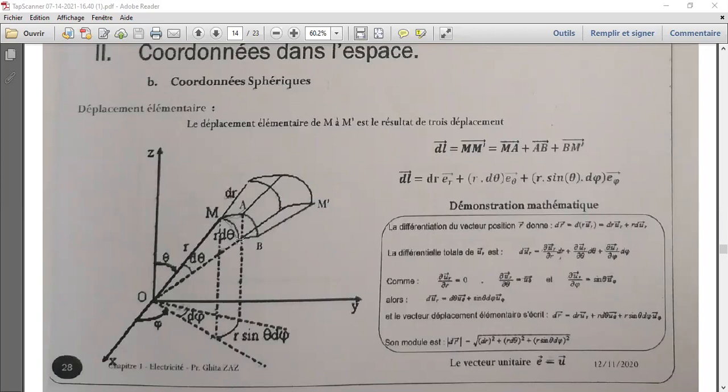You'll understand better if I use the top part, because it's just the same thing. So in the top part you have M, A, B, and M prime.